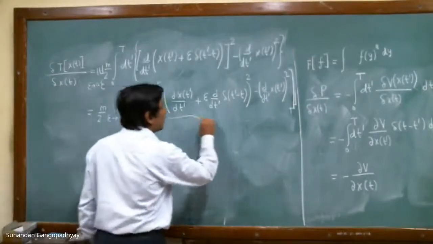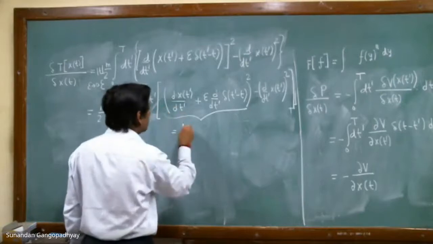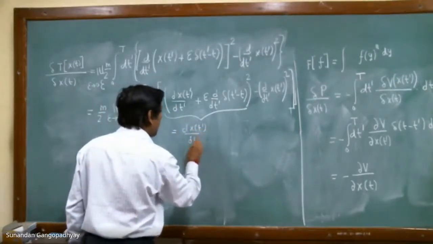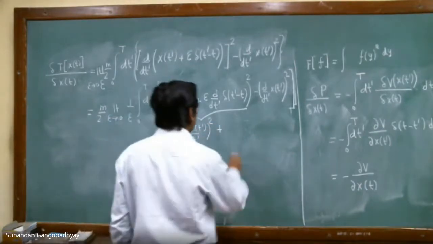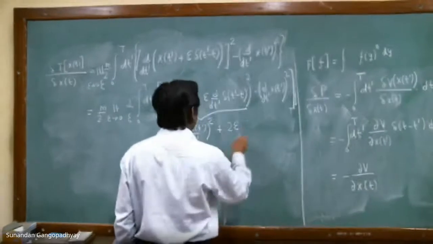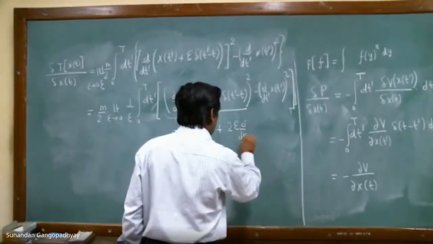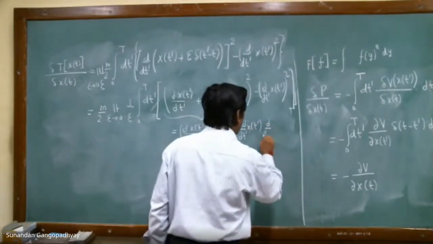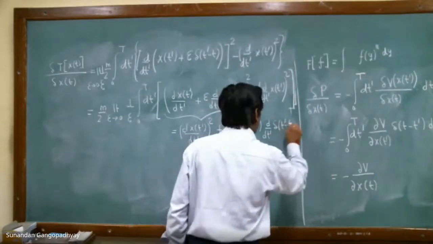You can just expand this and keep terms up to order epsilon. So if you expand this, you will get x dot of t prime square. It's the first term, and then you will have twice epsilon x dot t prime, and then you have d dt prime of delta(t prime minus t).